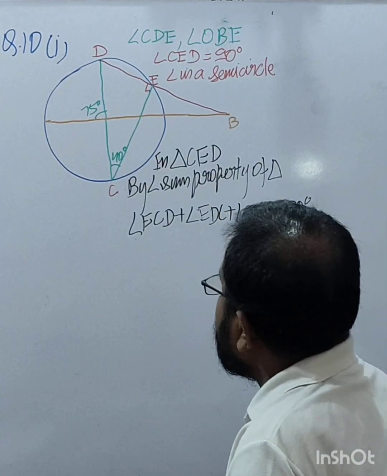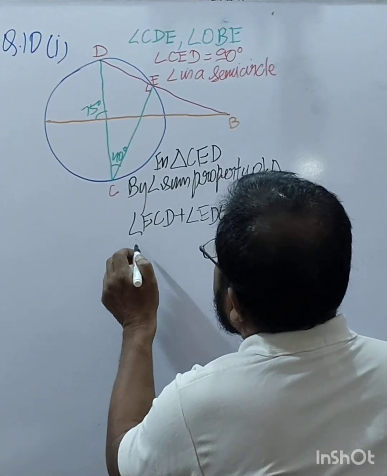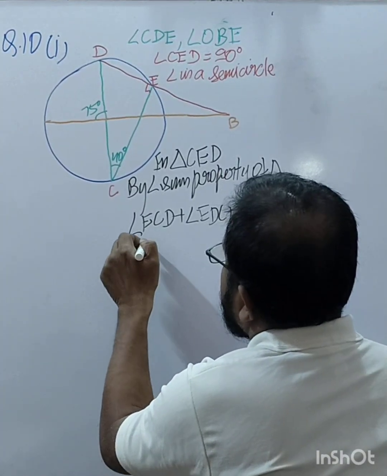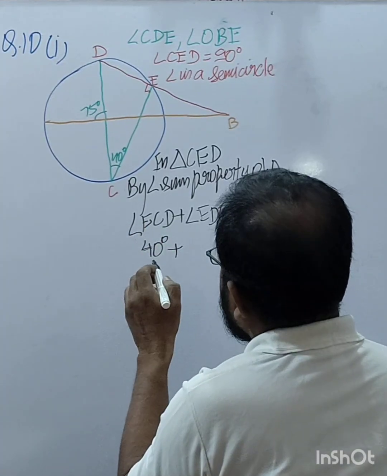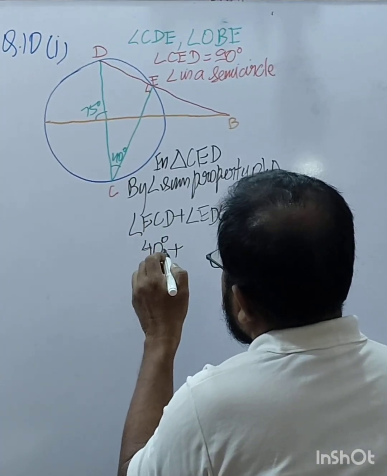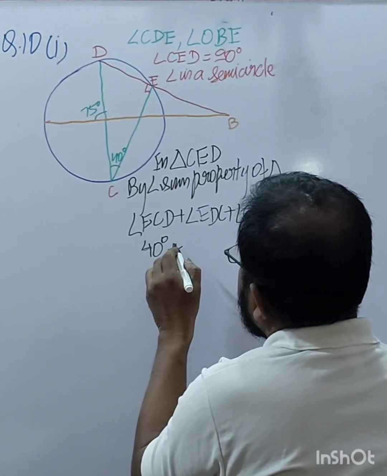So how much will you get? ECD is of 40 degree, plus EDC we have to find now.